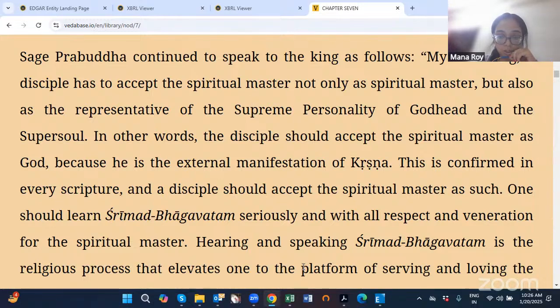Hearing and speaking Srimad Bhagavatam is the religious process that elevates one to the platform of serving and loving the Supreme Personality of Godhead. The attitude of the disciple should be to satisfy the bona fide spiritual master. Then it will be very easy for him to understand spiritual knowledge. This is confirmed in the Vedas, and Rupa Goswami will further explain that for a person who has unflinching faith in God and the spiritual master, everything becomes revealed very easily.